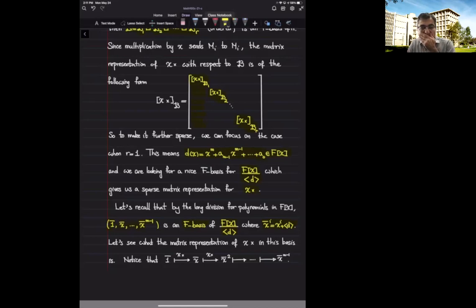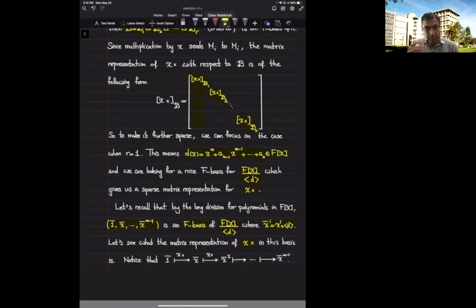Now, we have an F basis. Let's find out what is the matrix representation of multiplication by x with respect to this basis. So I'm given a linear transformation, and I want to find out what the matrix representation of it is. The rule is that I need to apply this linear transformation to elements of my basis, write the result down as a linear combination of the elements of my basis, and write down the coefficients in the jth column.